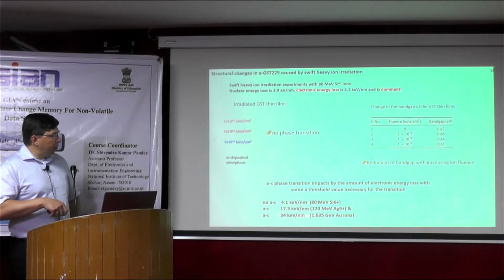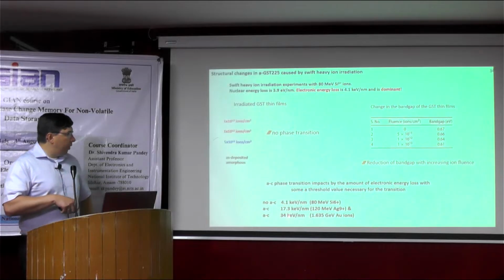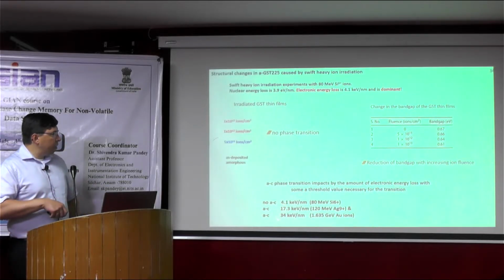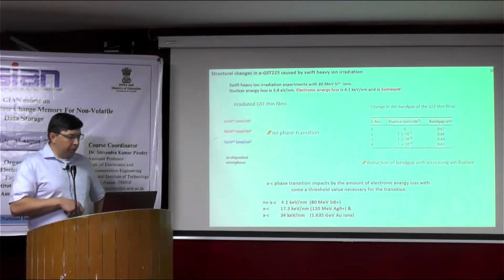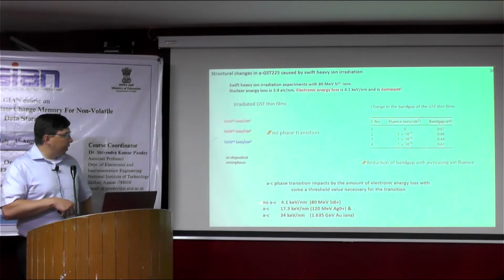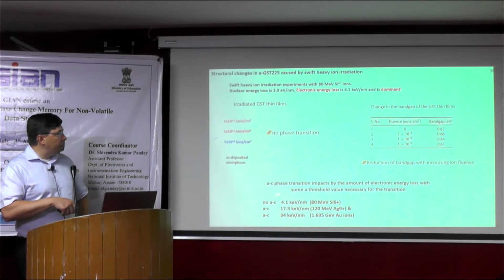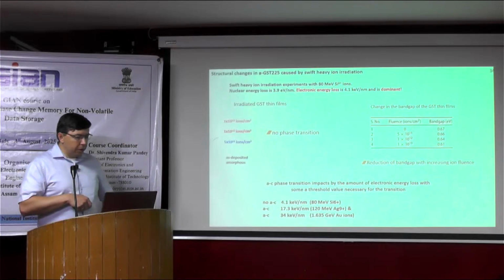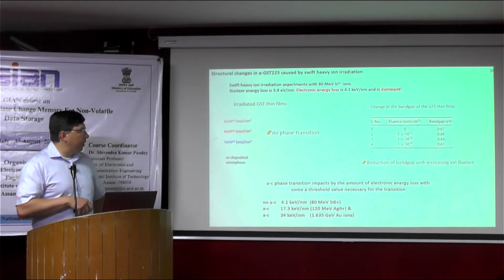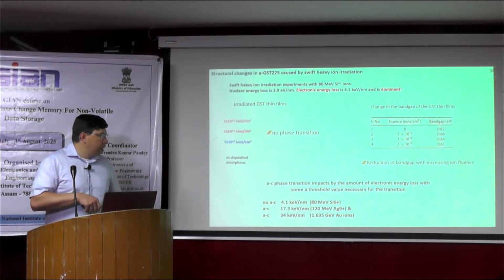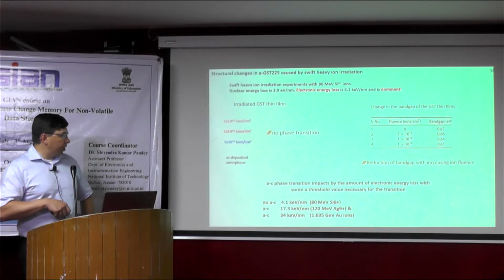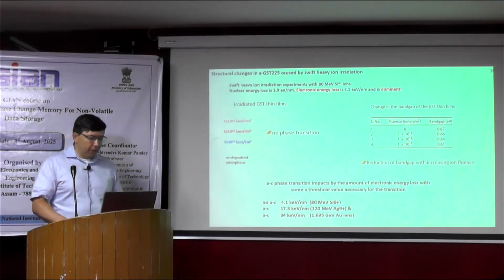For the highest value, it was like 34 keV per nanometer, and then it was changing and reducing. For these two cases, we found the amorphous to crystalline phase transition, and in this case, the lower electronic energy loss. Comparing the two cases, there was no amorphous to crystalline transition, and this shows that there is some threshold value necessary for this amorphous to crystalline phase transition.